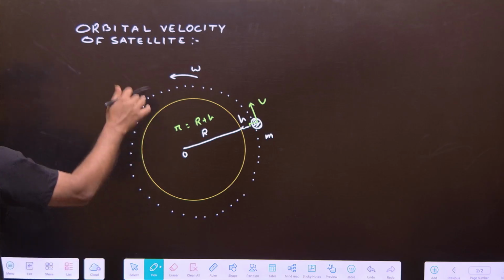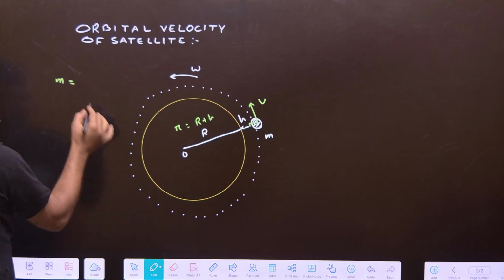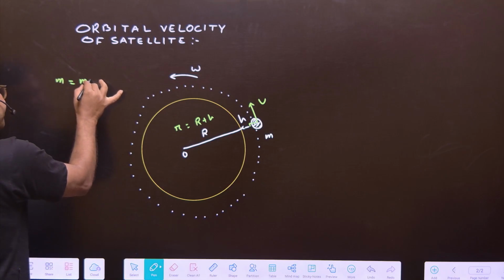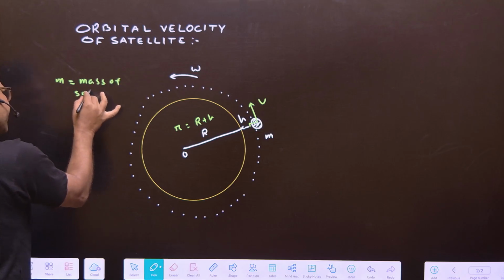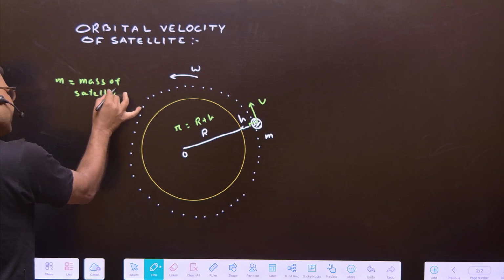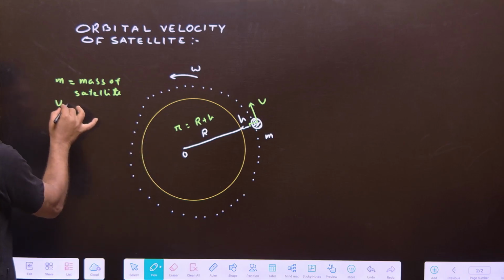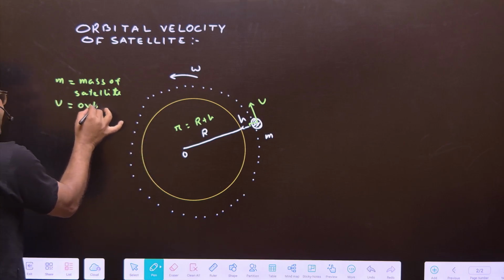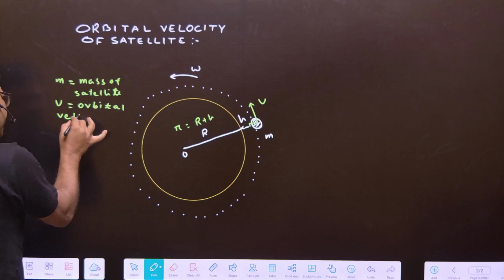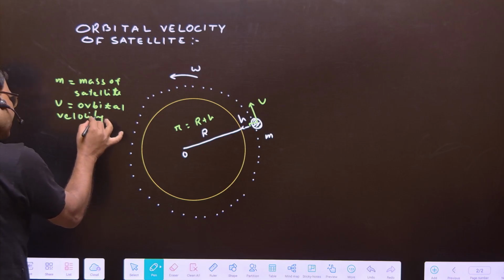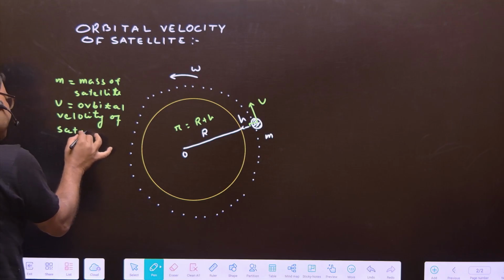So I am writing the symbols here, students, please see. m is equal to the mass of the satellite. Clear? And v is the orbital velocity of the satellite.